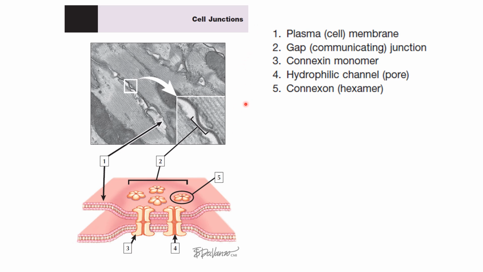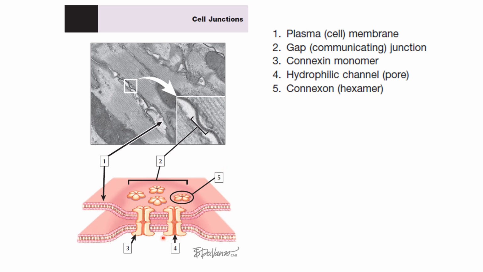Metabolic, ionic, and low resistance electrical communication occurs between adjacent cells via gap or communicating junctions, in which a narrow gap of about 2 nanometers separates opposing cell membranes. Gap junctions are specialized sites composed of large, tightly packed intercellular channels which connect cytoplasm of adjacent cells.